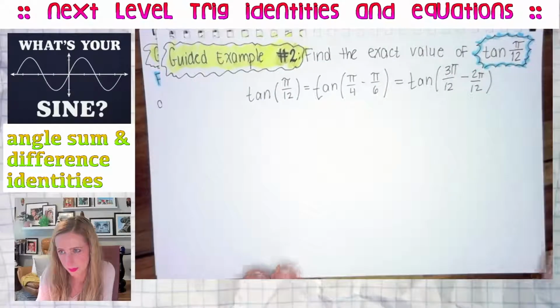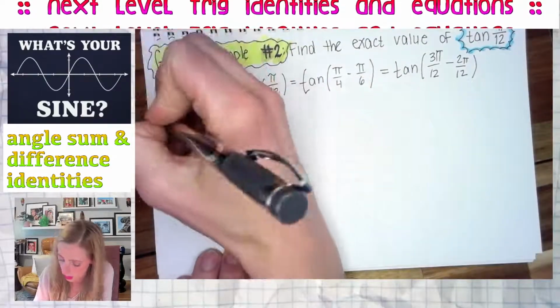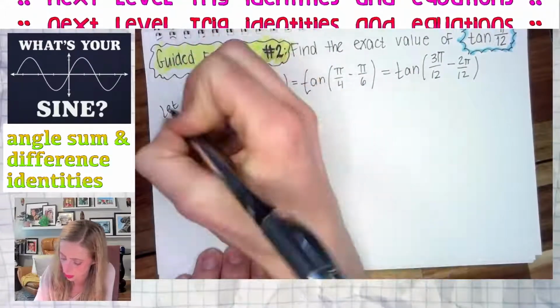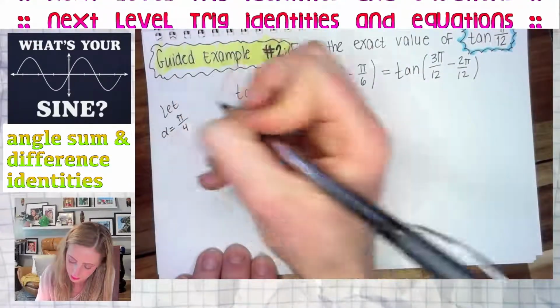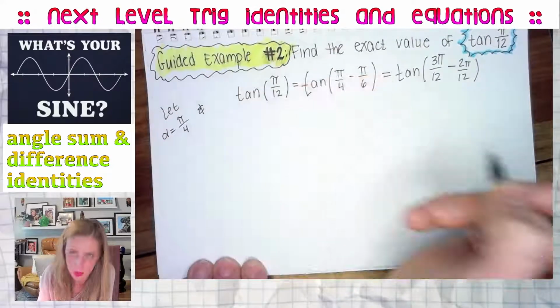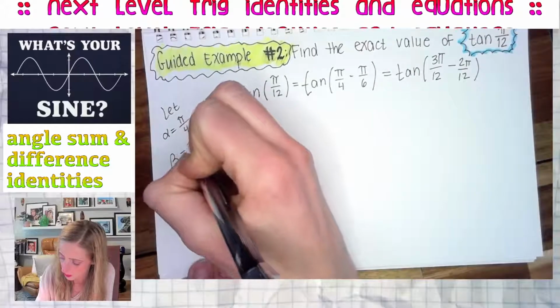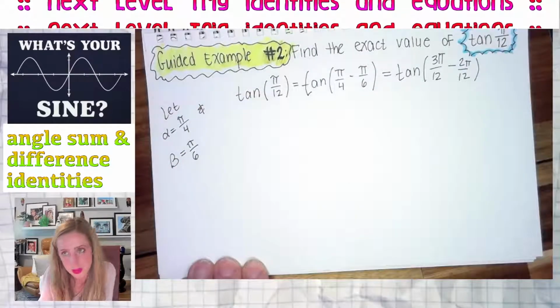All the same. So let alpha equal pi over 4, and don't use a plus sign for your "and" in math class. Beta equal pi over 6.